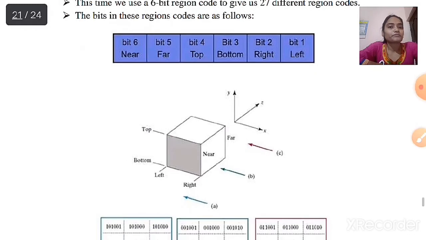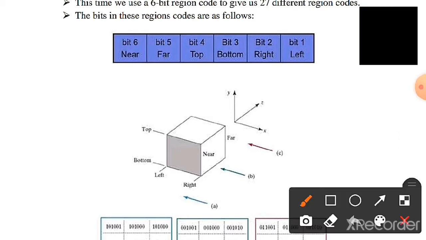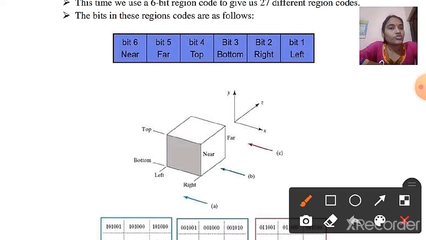Okay, so let us display here in this image which one is near, which one is far, which one is top, which one is bottom, and which one is left and which one is right. In this diagram the XYZ coordinate positions are like this.